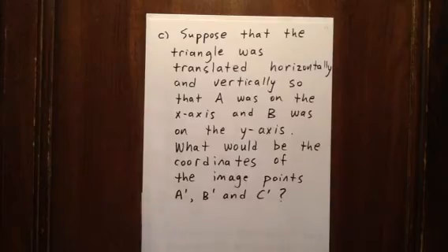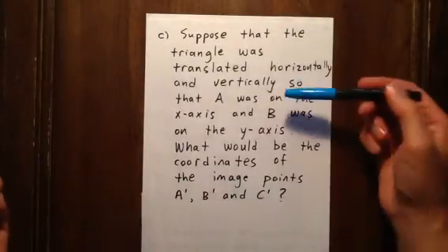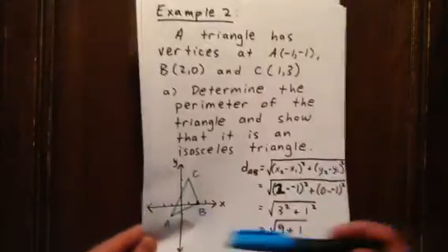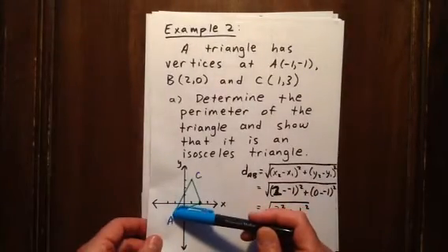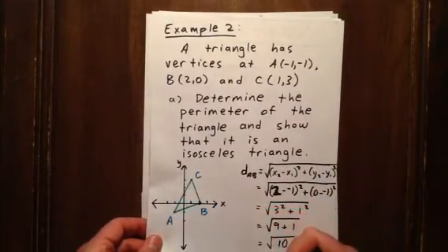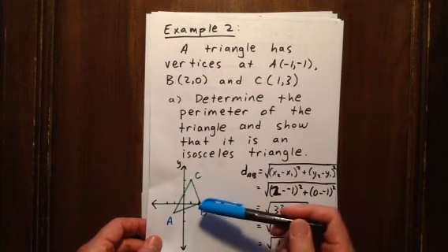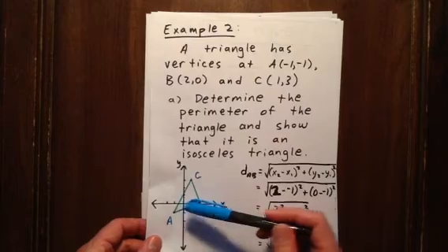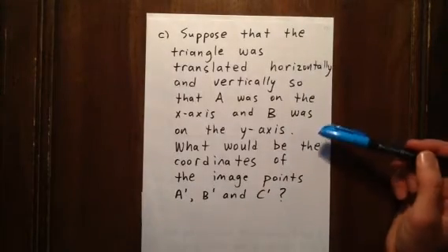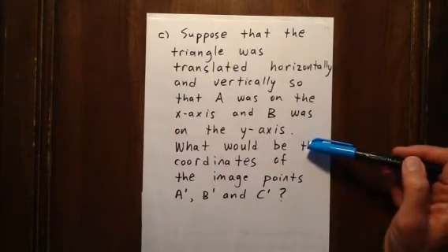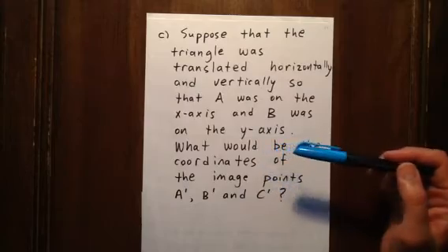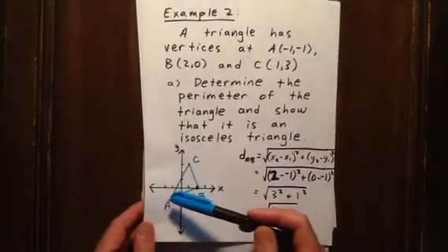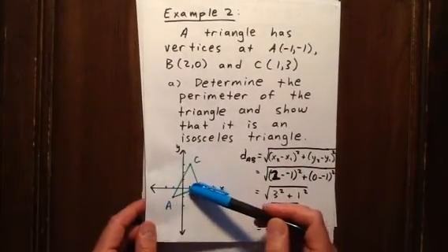Okay, so going back to our diagram, if we were to put A on the x-axis, we would have to go up 1 unit. And if we were to put B on the y-axis, we would have to go over 2 units. So in other words, we have to go up 1 unit and over 2 units in order to get A on the x-axis and B on the y-axis.